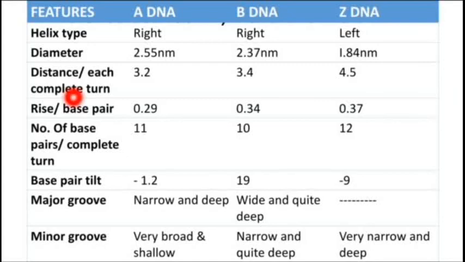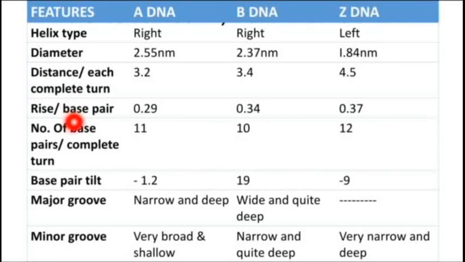The distance for each complete turn in bDNA is 3.4 nanometer, and that of aDNA and zDNA is 3.2 and 4.5 respectively.